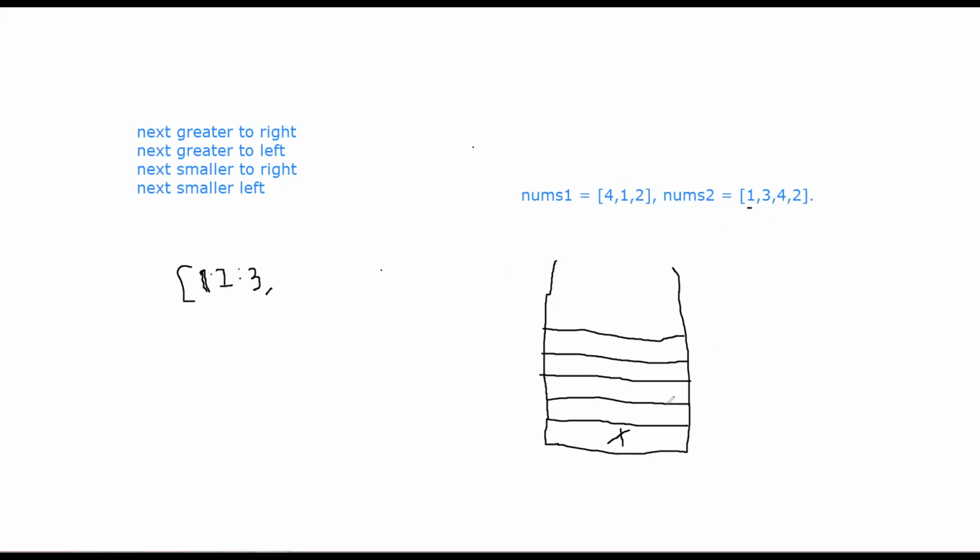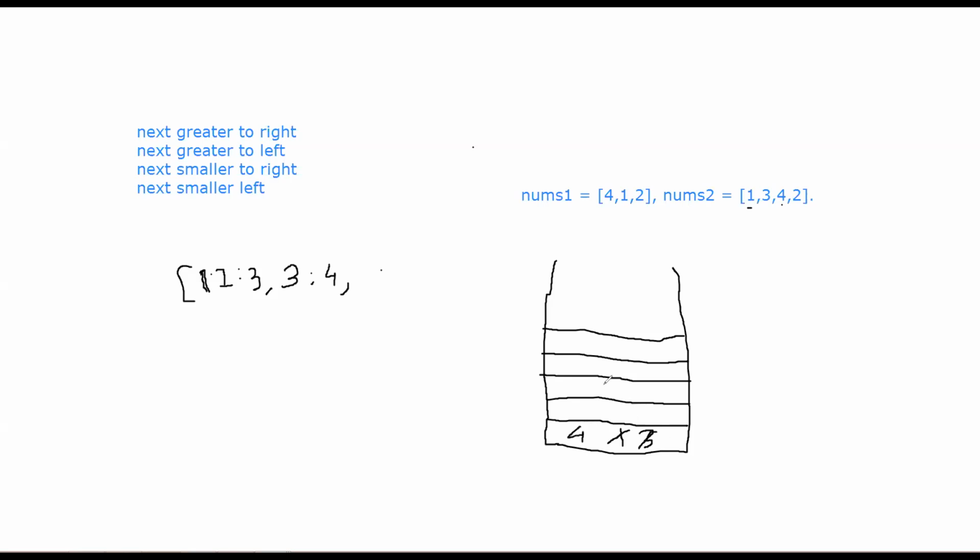At the same time, I'll also append 3 here. Then I'll move forward into the array. Now I got 4. I'll again check 4 against the top of the stack. It's again greater than the top of the stack, so I'll pop out 3, and at the same time I'll push in 4.